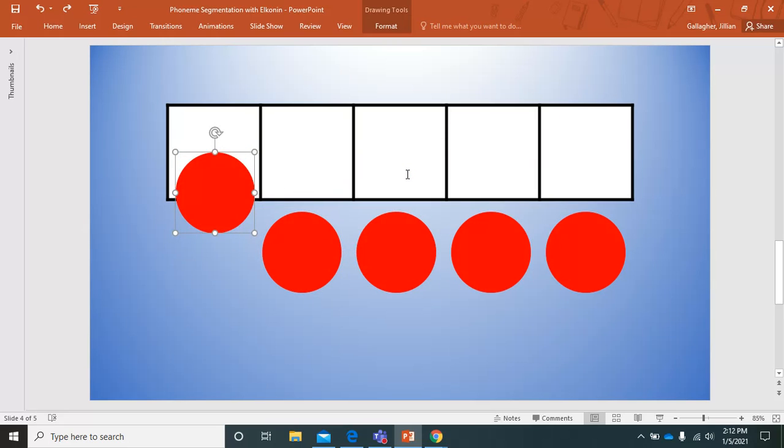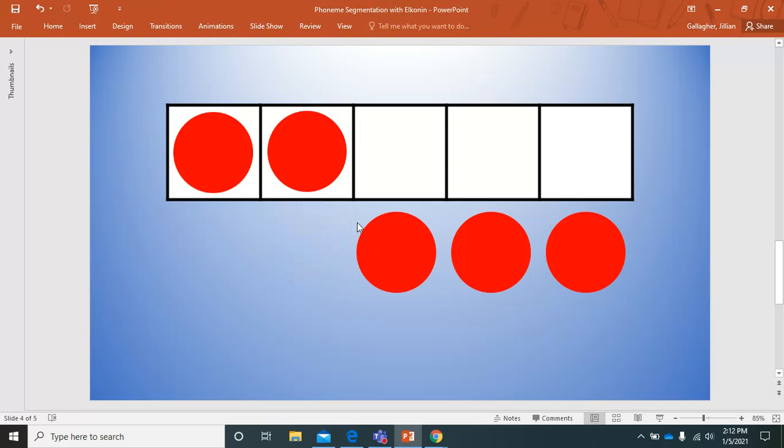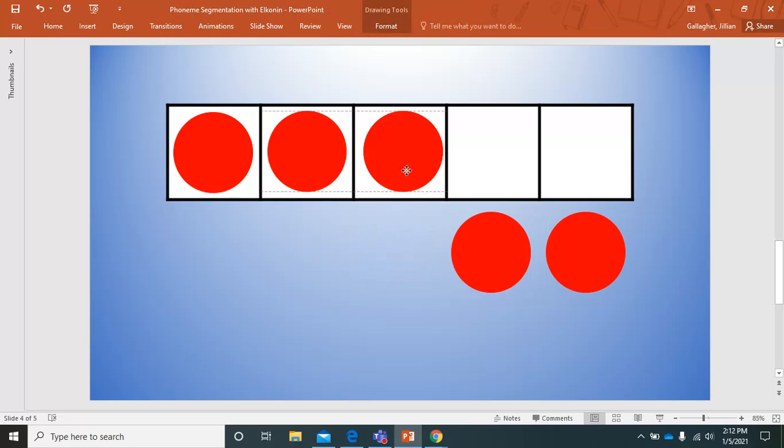One more word. The last word we're going to do today is said. S, e, d. Said. The word said has three phonemes in it.